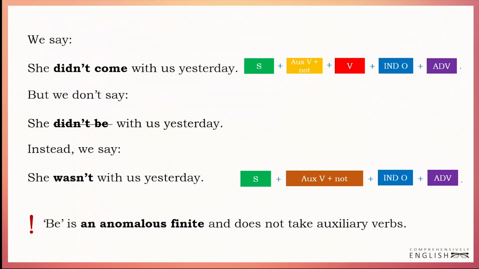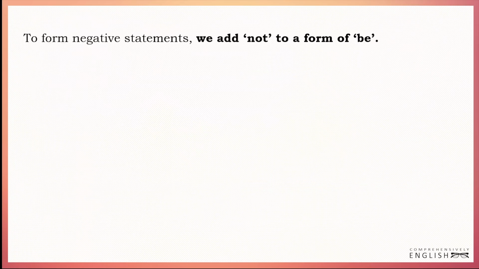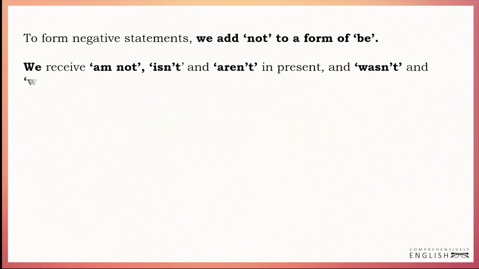It doesn't need any additional auxiliaries. It is an auxiliary and a main verb itself. Thus, to form negative statements, we add not to a form of the verb to be and receive am not, is not, and are not in present, and was not and were not in past.